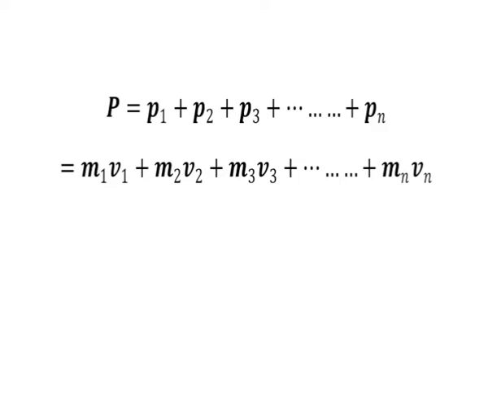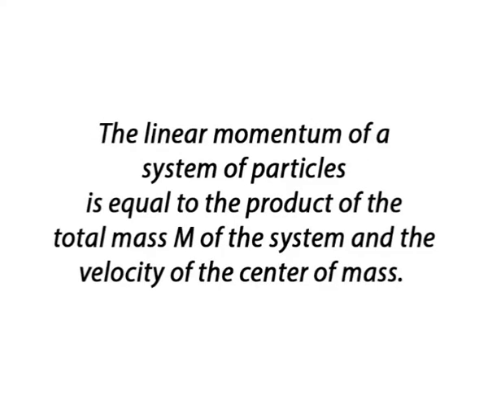Another way we can define this linear momentum of a system of particles is through this equation, where P = M v com. In words, we can say that the linear momentum of a system of particles is equal to the product of the total mass M of the system and the velocity of the center of mass.